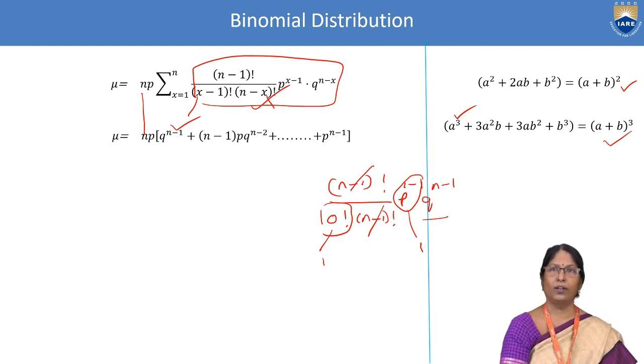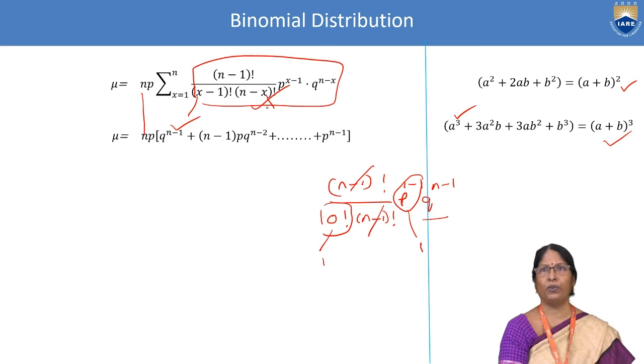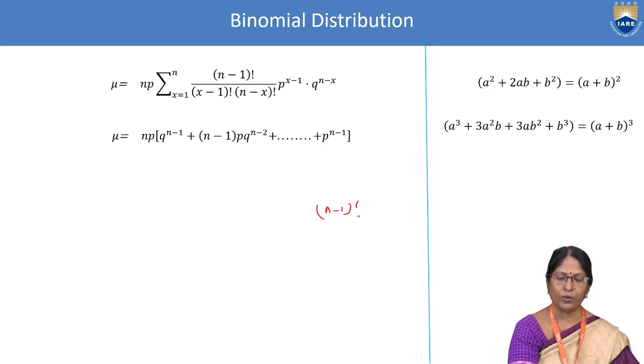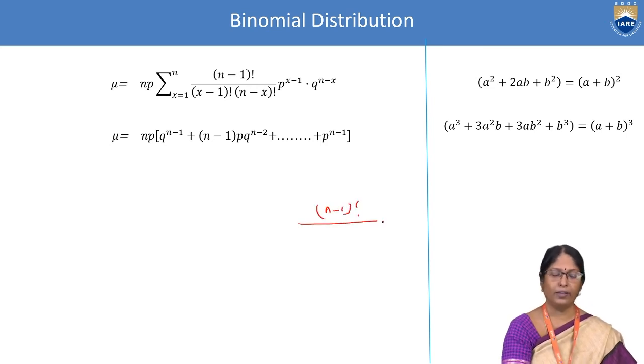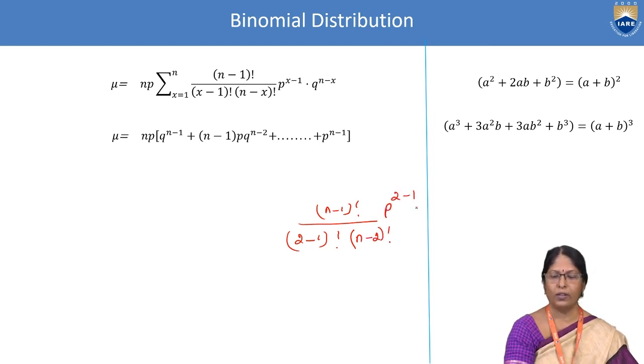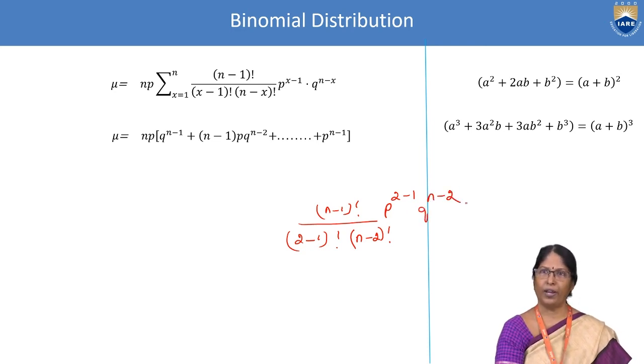So the next job we completed. Next we will substitute x equal to 2. Now x is taking the value 2: n minus 1 factorial divided by 2 minus 1 factorial, n minus 2 factorial, p power 2 minus 1, q power n minus 2. Fine.